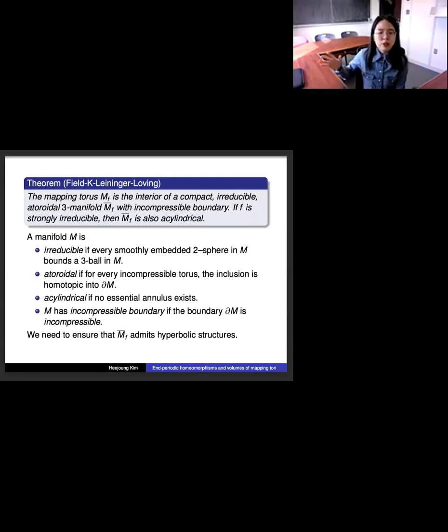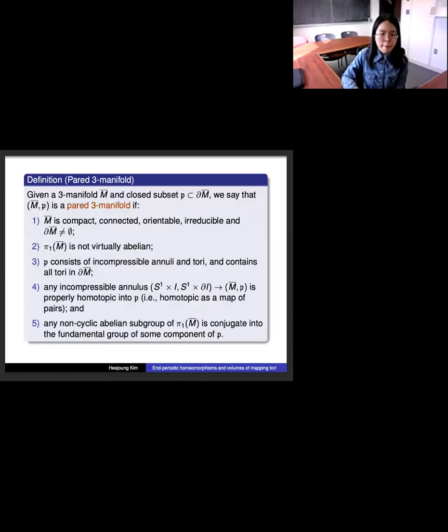So to talk about the volume of the convex core, the compactification, we need to ensure that the compactification admits a hyperbolic structure. So for that, we consider paired three manifolds.